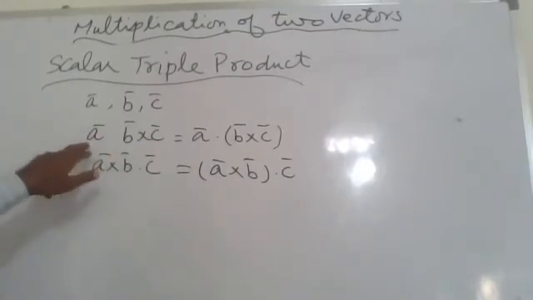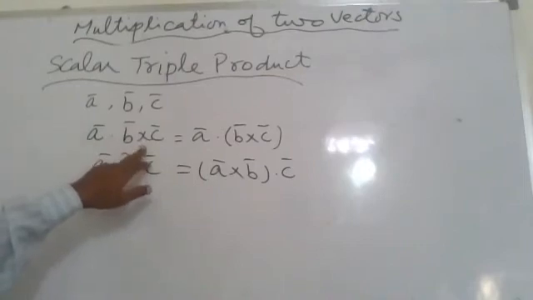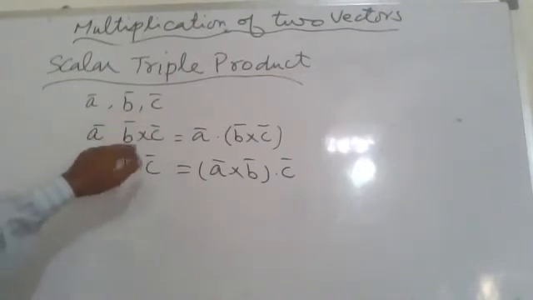There are two products, dot and cross, so first we have to take the cross product.